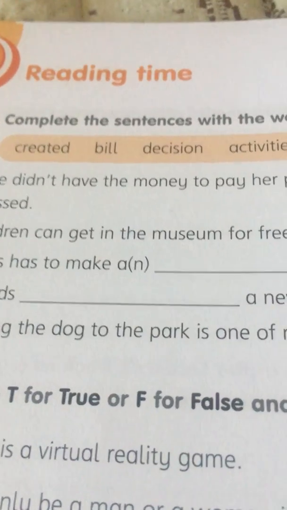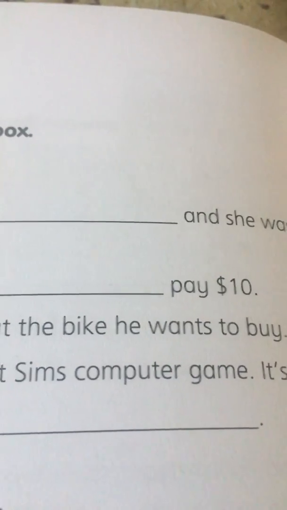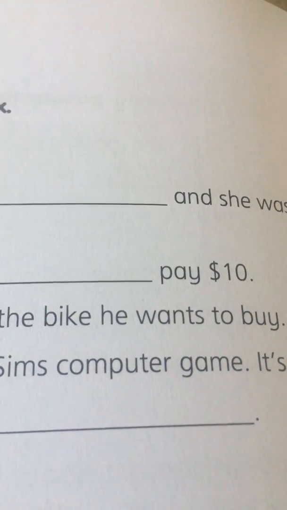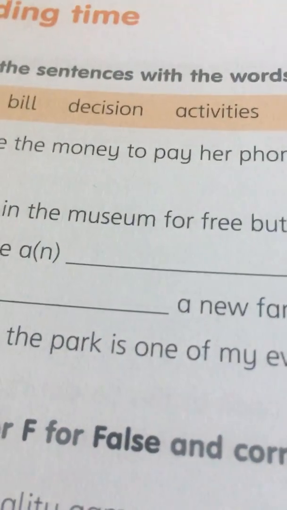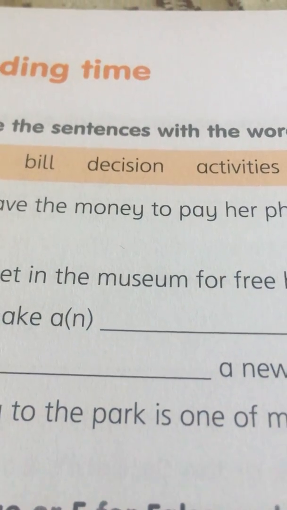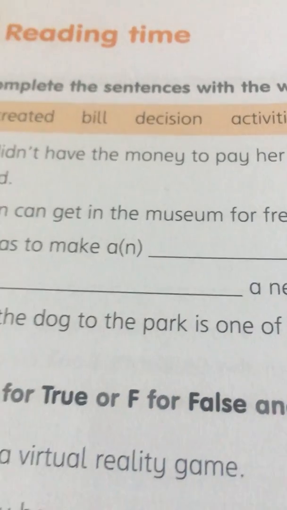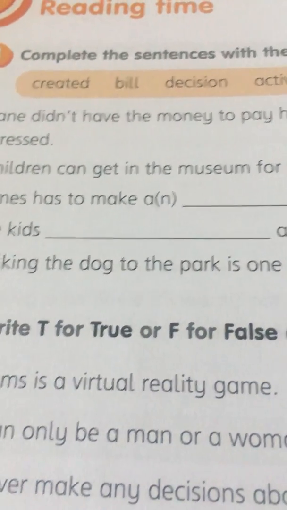James has to make a decision about the bike he wants to buy. That means decide. Maybe there's more than one bike he wants.